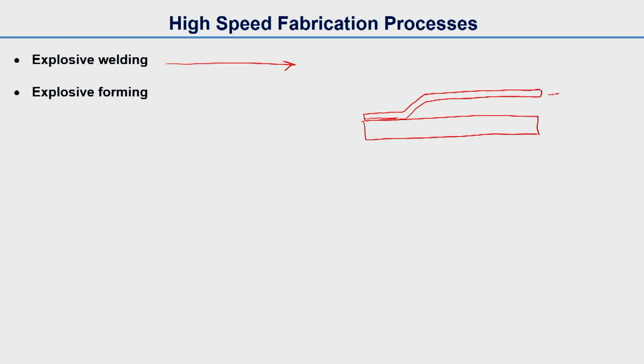This is the cladding, the thinner plate, and this is the base plate. Let's say this is made of carbon steel, and the other one is some corrosion resistant material, stainless steel or some other material. So we want to join these together.